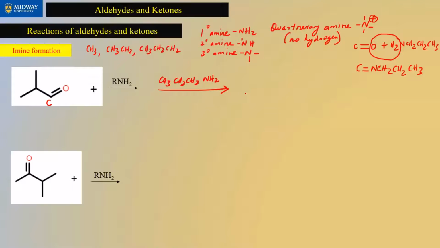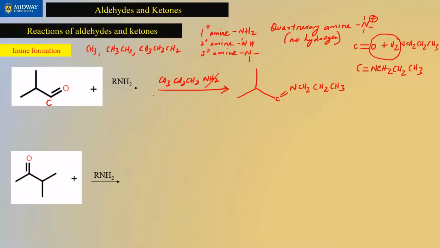That's all. Basically we're losing water, and this is exactly the same type of process that happens when an amide bond is formed between 2 amino acids, resulting in a protein chain. So for C double bond N, all you have to do is get rid of the hydrogen here, write nitrogen, and write the rest of the molecule.